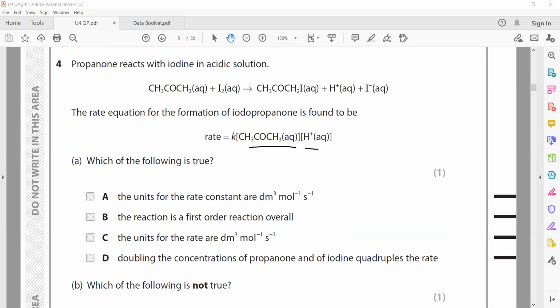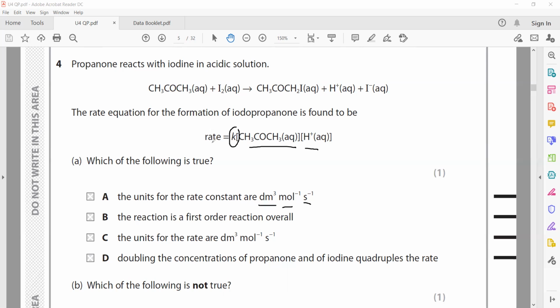So when you check the options, the unit of the rate constant, this is the rate constant K, it is dm cube mole inverse second inverse. How can you work it out?